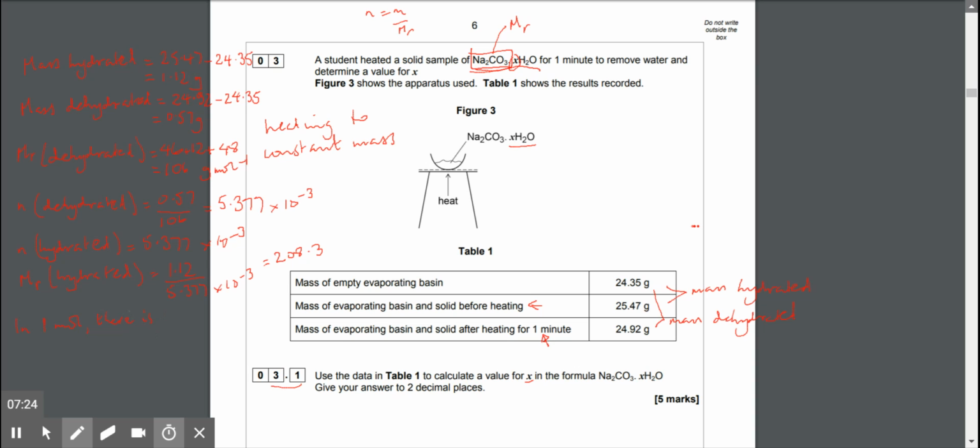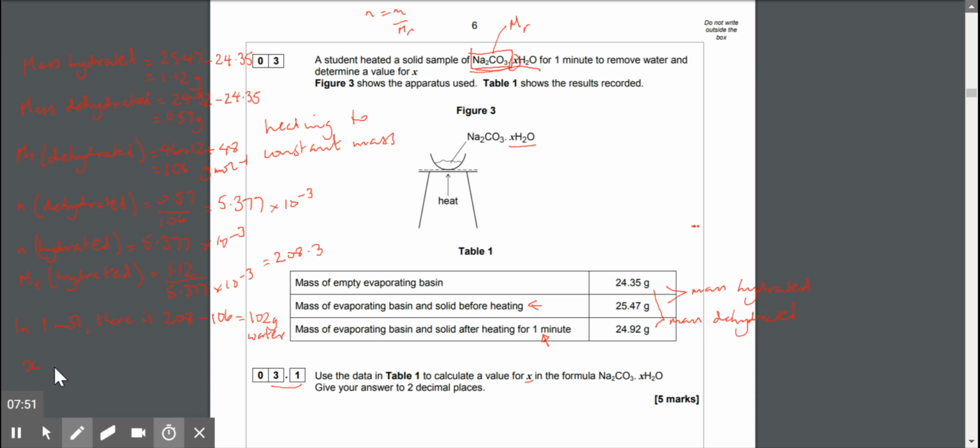Well, there would be 208 is the mass of the whole lot, and 106 is the mass of the sodium carbonate. So that leaves 102 grams of water. Okay, so how many moles is that? 102 grams of water. All right, and that will give you X, right?